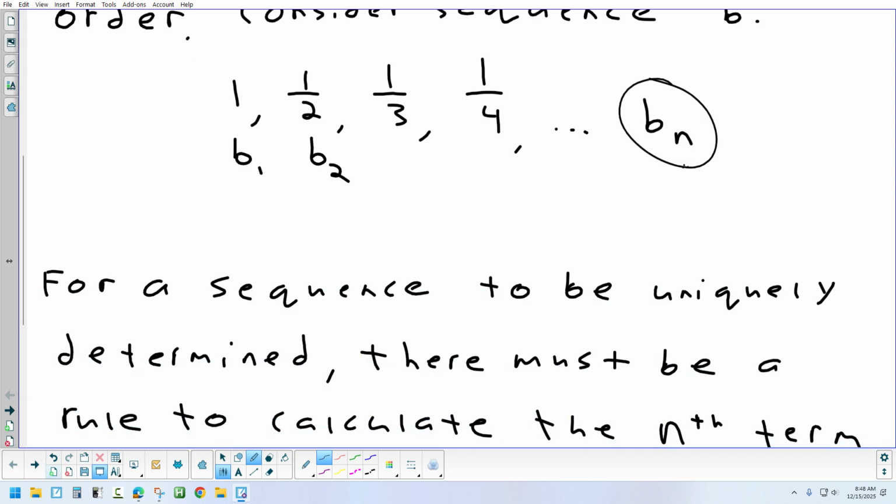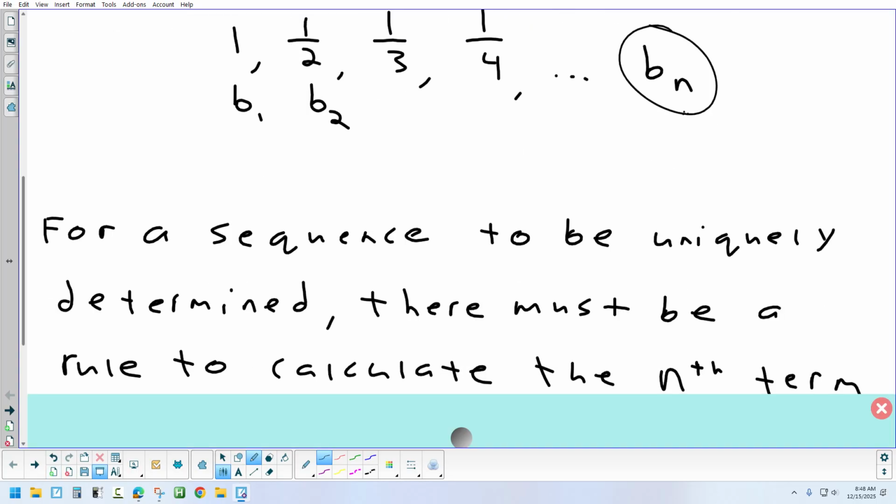In order for a sequence to be unique, again, there has to be some kind of rule, pattern, or formula that's giving you the terms. Okay, they can't be random. There's some pattern that's generating them. Okay, for some formulas, the pattern is very easy to figure out.